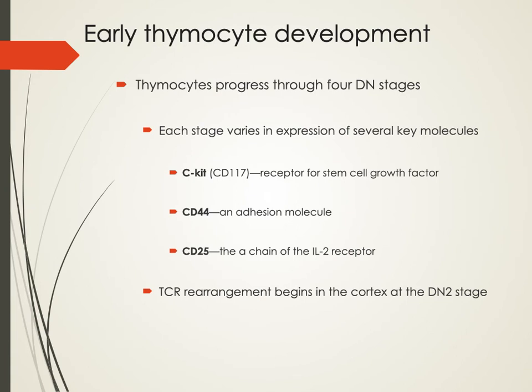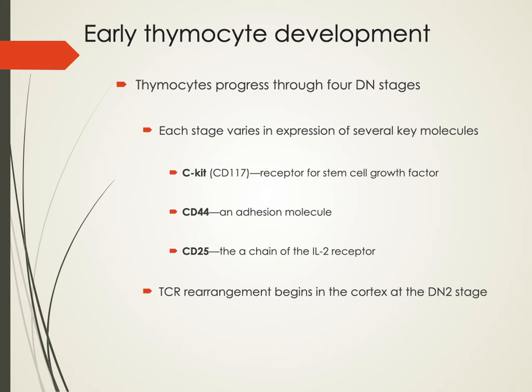So as I mentioned, these cells are initially in a double negative stage, and generally we would call these thymocytes. Okay, so these are cells in the thymus. At each stage, as I mentioned, there are going to be changes in the expression of several different molecules.